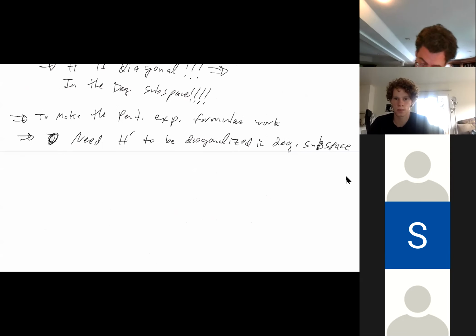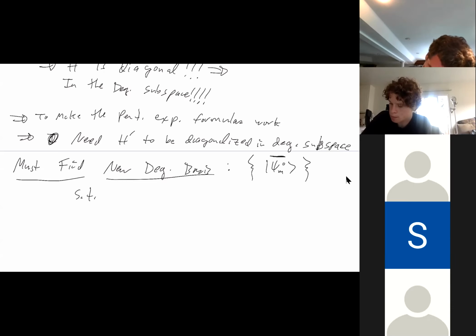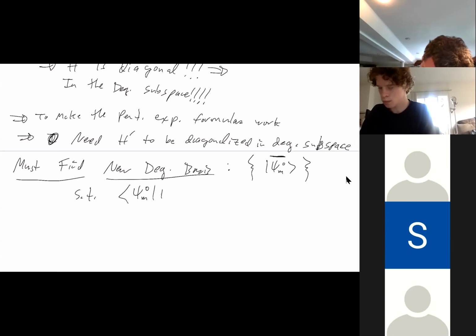So we must find a new degenerate basis, and I'll call it psi m naught bar, such that the off-diagonal matrix elements in the degenerate subspace equal 0.